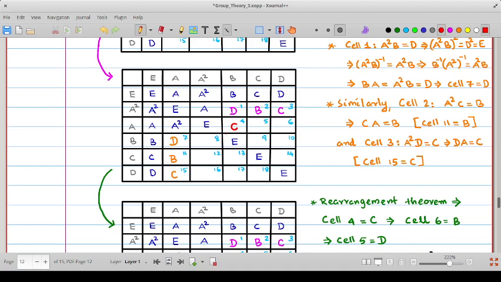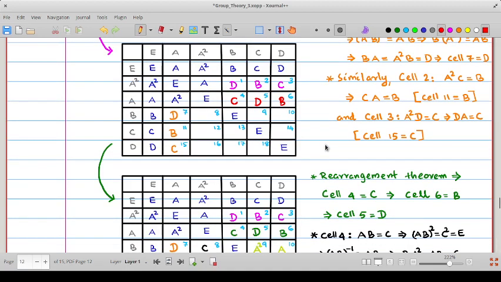It contains A square, E and C, and the column contains C and B. So the remaining possibility is only D. And as we can see, simply looking at this row, cell 6 should be equal to B. So there is no other possibility.